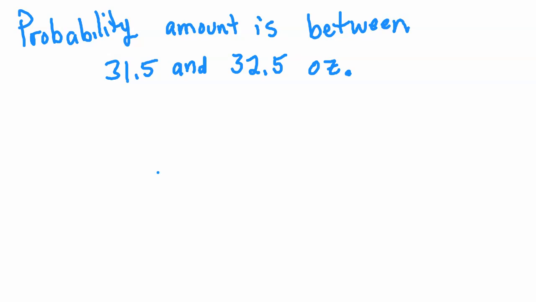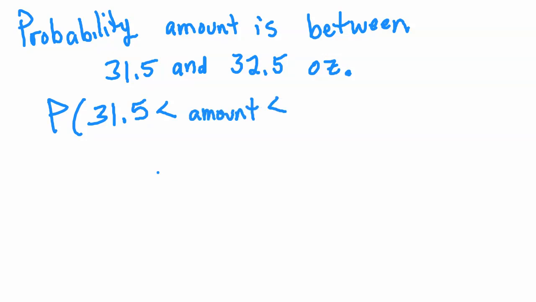So that would look like this. Probability, your amount is 31.5 less than the amount less than 32.5.